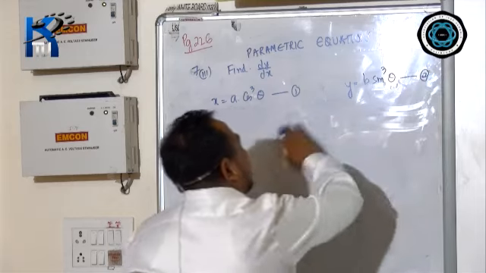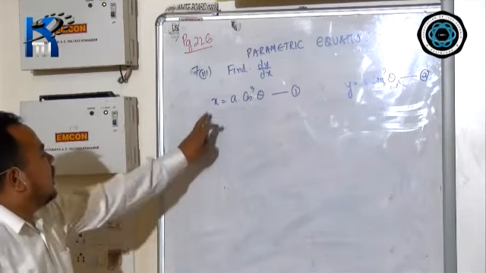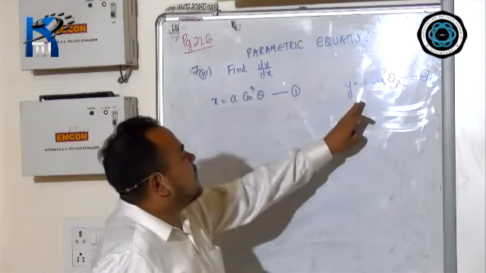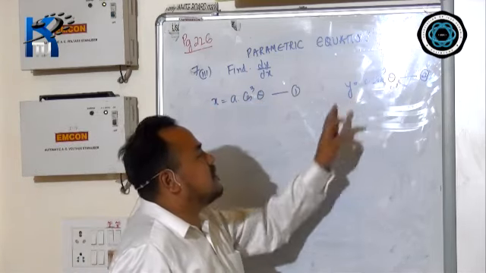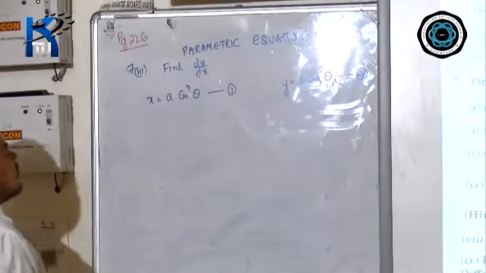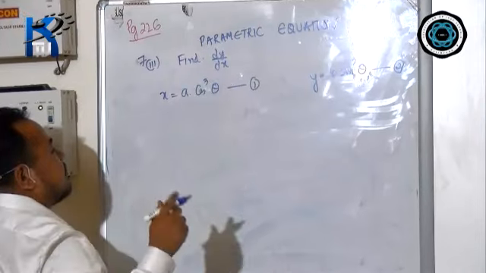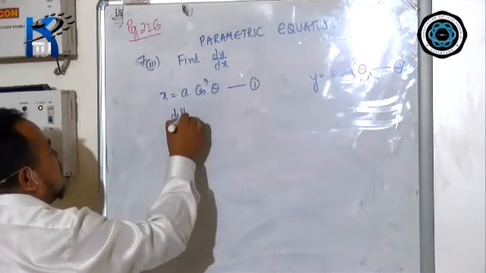As you can see, two equations. x is expressed in terms of theta because a is a constant, and y is also expressed in terms of theta as b is a constant. So which is the independent variable out here? Theta. So I need to find dy by dx. Keep that in mind. So how do I start?